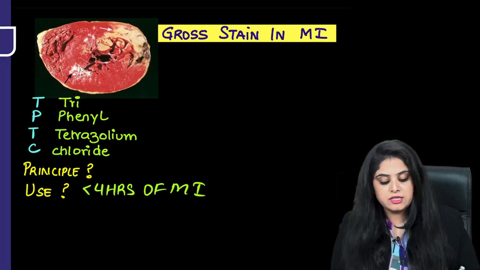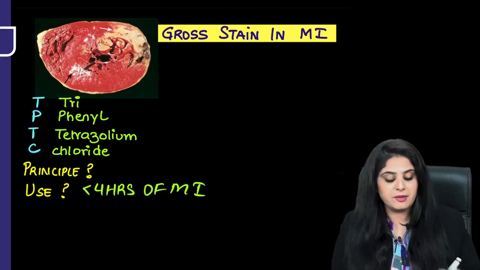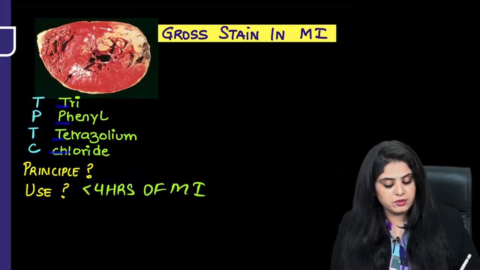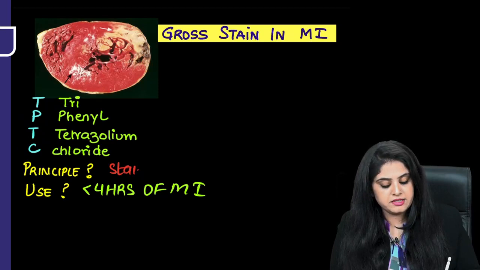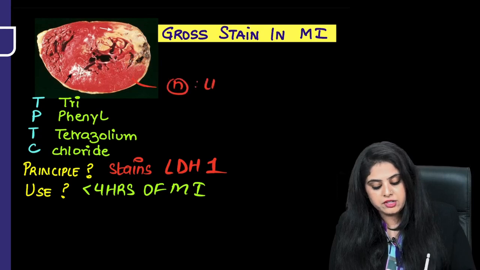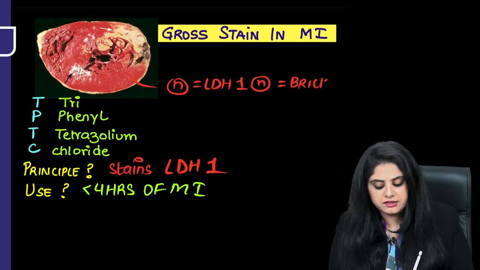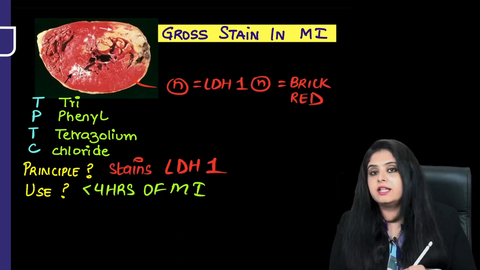I always used to tell you that TTC has 3 letters, and this is useful in the first 4 hours of MI. Triphenyl tetrazolium chloride. The principle is that this tends to stain LDH1. So we all know that a normal heart which has normal LDH1 is going to get a normal brick red color, right? The normal brick red color means that LDH is fine, and that is why I've got that color.